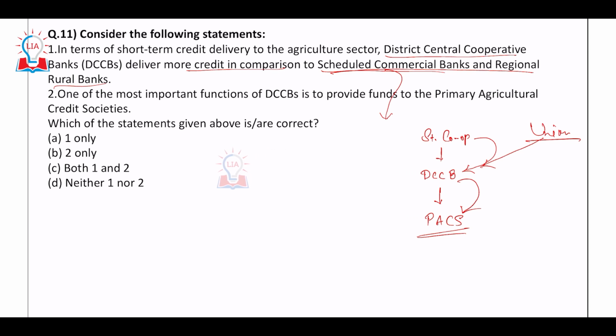So the financing ability of scheduled commercial banks, even with the PSL norm of 40%, will be very high, right? So statement 1 is wrong. One of the most important functions of DCCBs is to provide funds to PACs. That is absolutely right. So option 2, right?